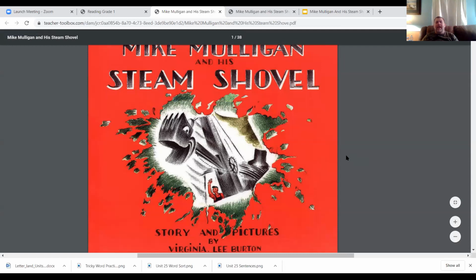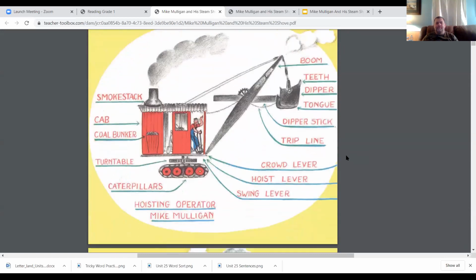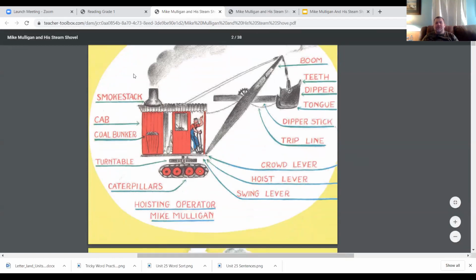Mike Mulligan and His Steam Shovel. Stories and Pictures by Virginia Lee Burton. We notice the picture of a steam shovel, and this is an example of a diagram of the steam shovel that lists each part of the steam shovel.